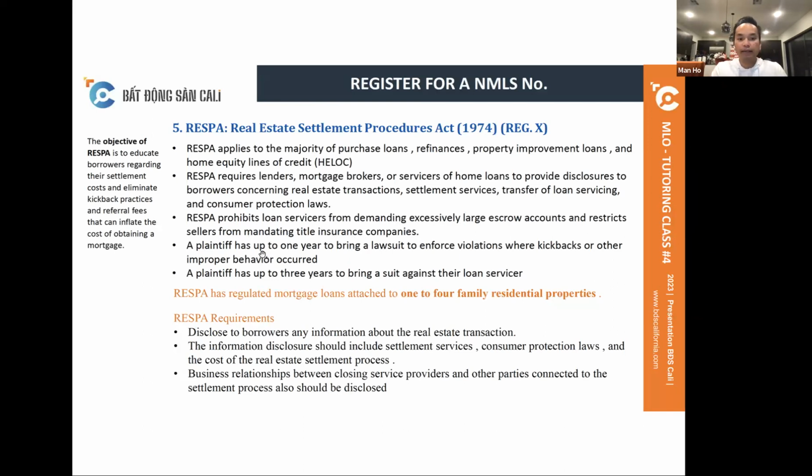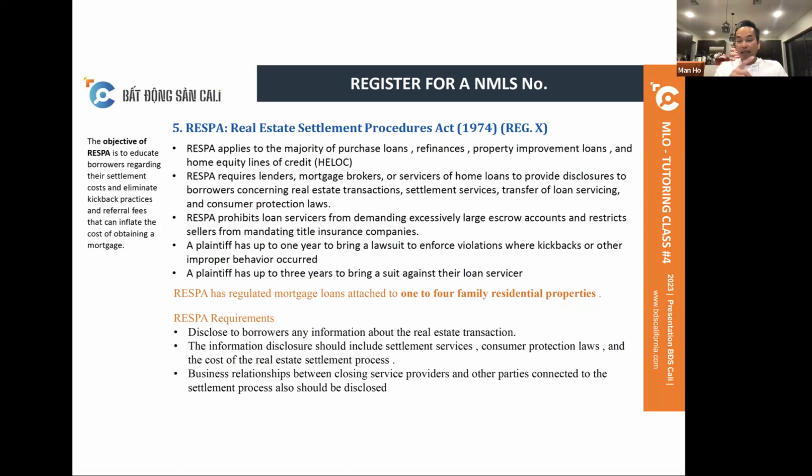Okay. A plaintiff has up to 1 year to bring a lawsuit to enforce a violation where kickbacks or other improper behavior occur, right? So whoever doesn't like what's going on has up to 1 year to sue the brokers, the loan officer, servicer, lenders, right? Anything regarding a violation of kickbacks or improper behavior, you get 1 year.